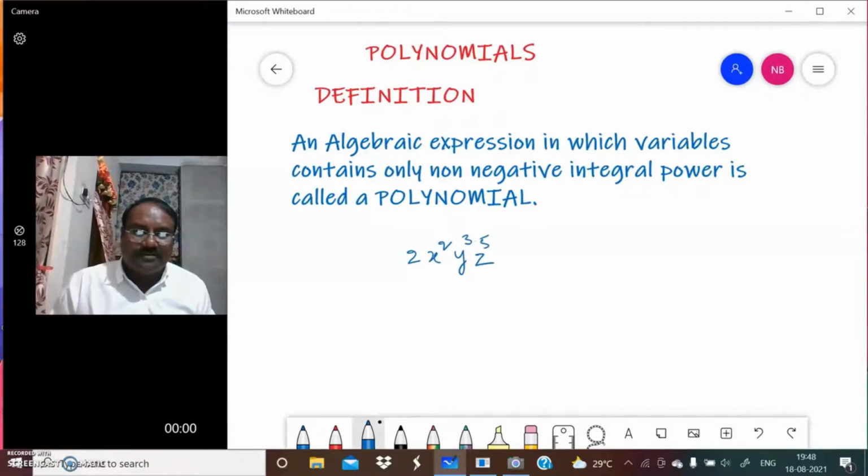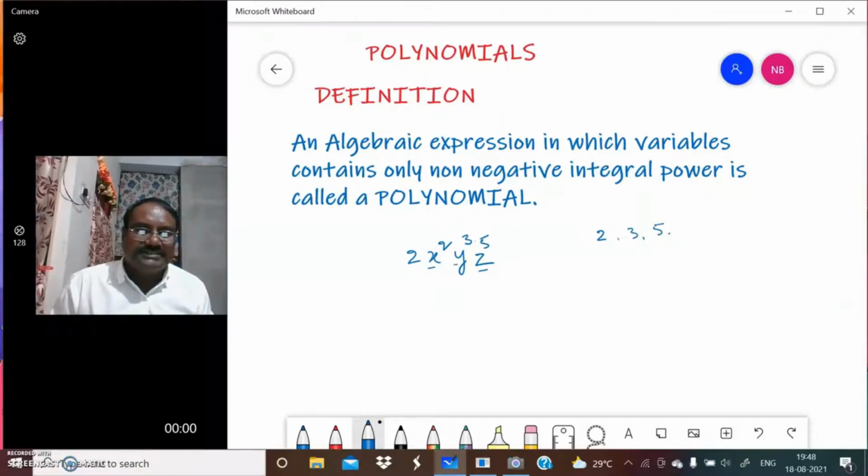Here the variables are nothing but x, y, z. Three variables we have. All the powers are here 2, 3, 5. It is called a polynomial when these powers are non-negative integers.